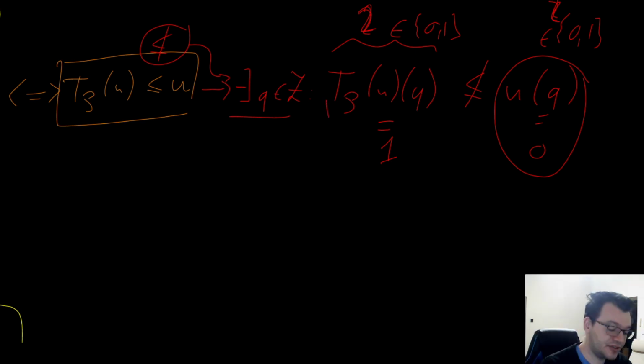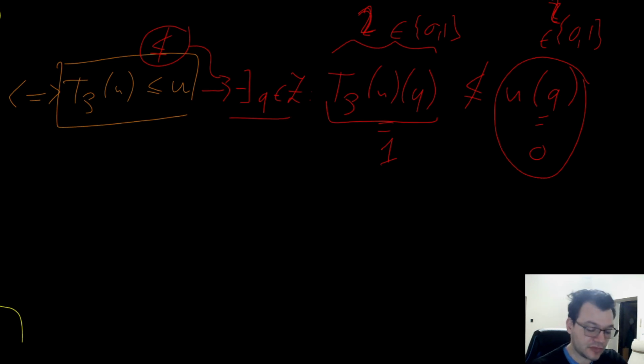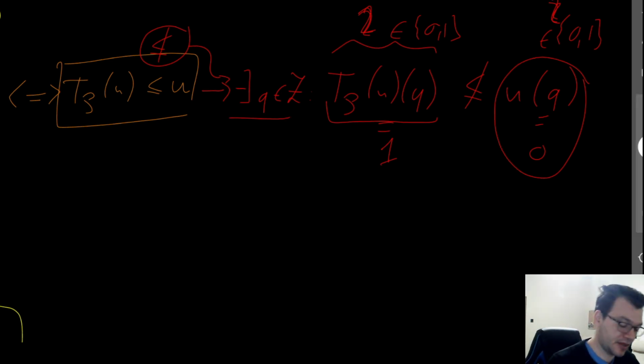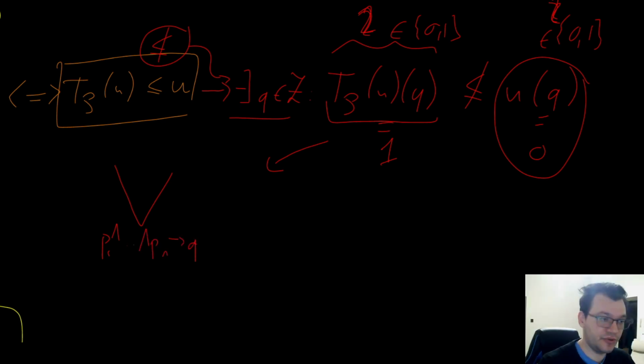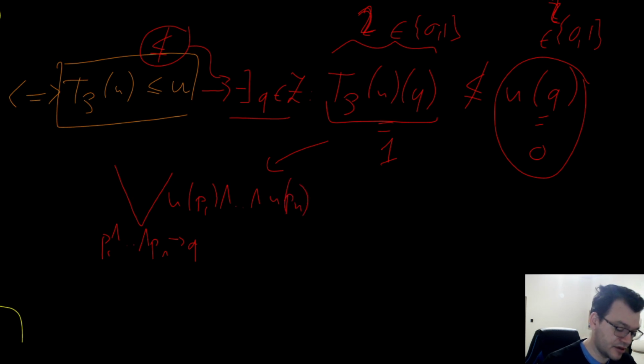Now, how can this T_P(U) be 1? If T_P(U) of Q is 1, then it means that this disjunction, where you just collect all those clauses having Q as head and evaluate these, is 1, because that was the formula: T_P(U)(Q) equals this expression.